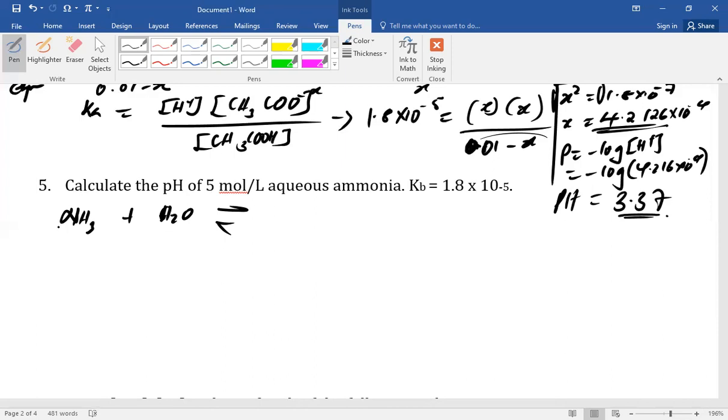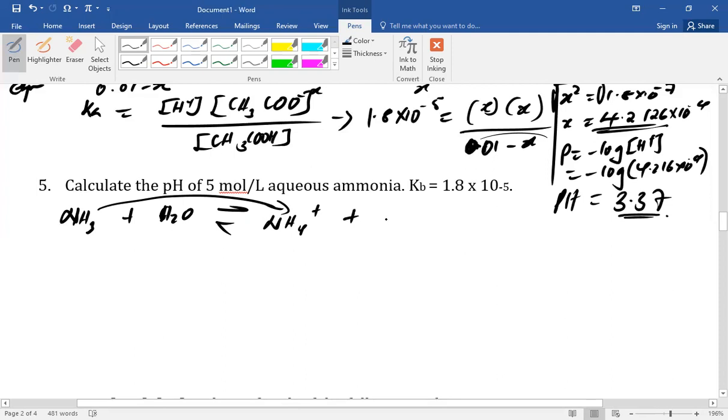So what would be the conjugate acid of ammonia? Since it's a base, we add one more hydrogen, so it will be NH4 positive, which is just the ammonium ion, and OH negative. So this is the conjugate acid, this is the conjugate base, this is the acid, and that's the base. As simple as that.